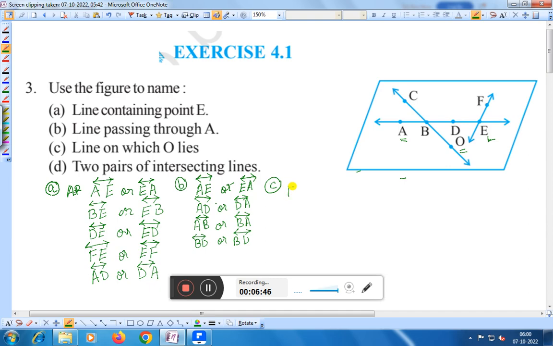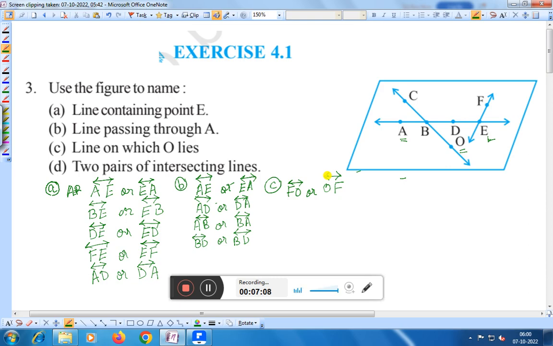FO line is represented by two arrows always. This is question number C, line on which O lies.